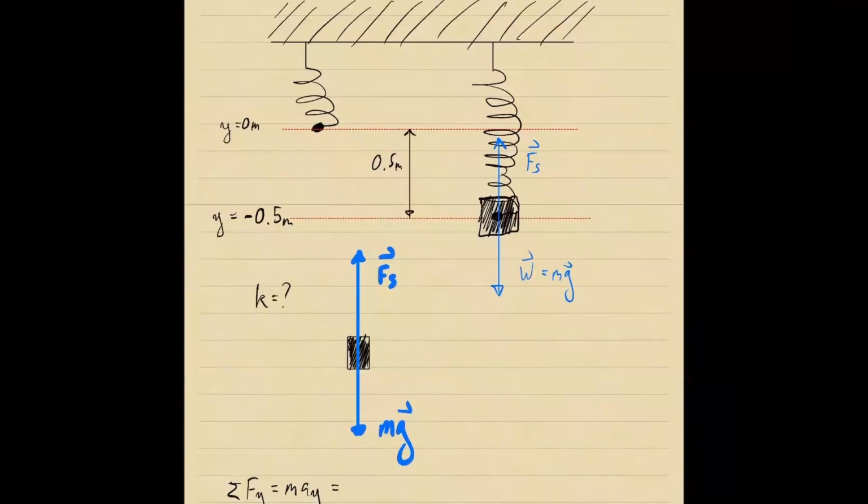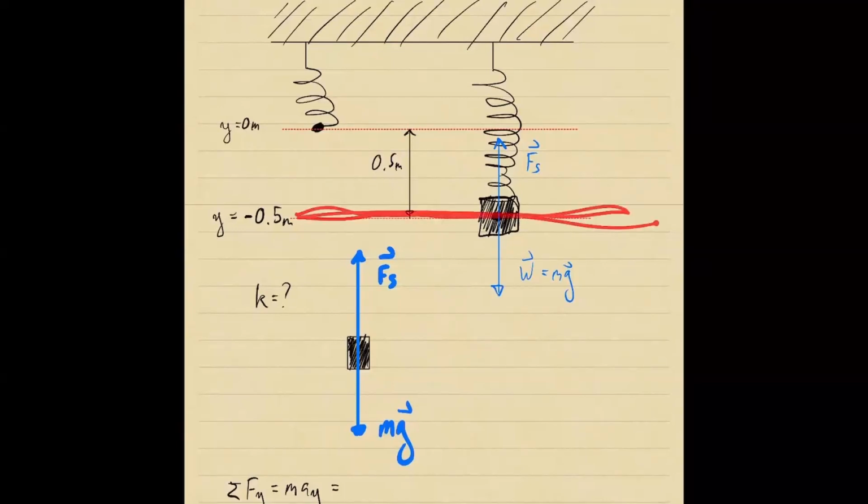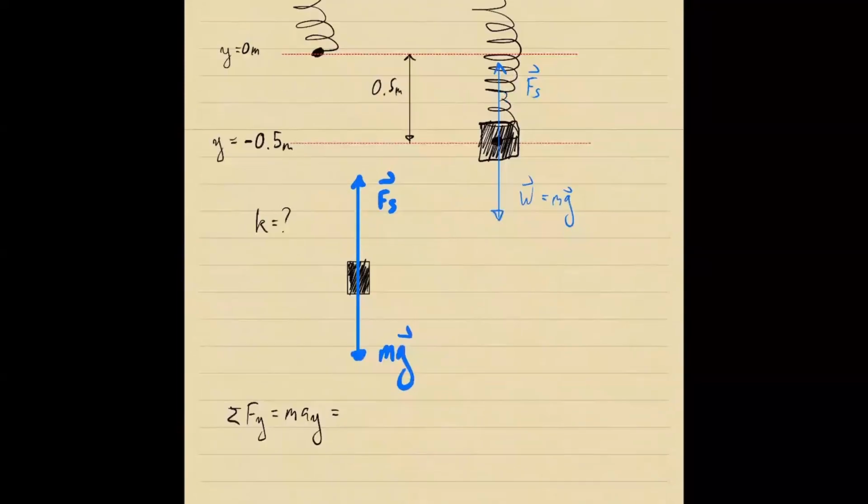But the problem says we let the box slowly stretch out the spring until it's in its new equilibrium position. And then at that point, we don't want the box to be jiggling up and down. We want it to just stay at this sort of equilibrium point, right? So we want the acceleration in the y direction to be 0, which means that the whole right-hand side of this thing is going to be 0.